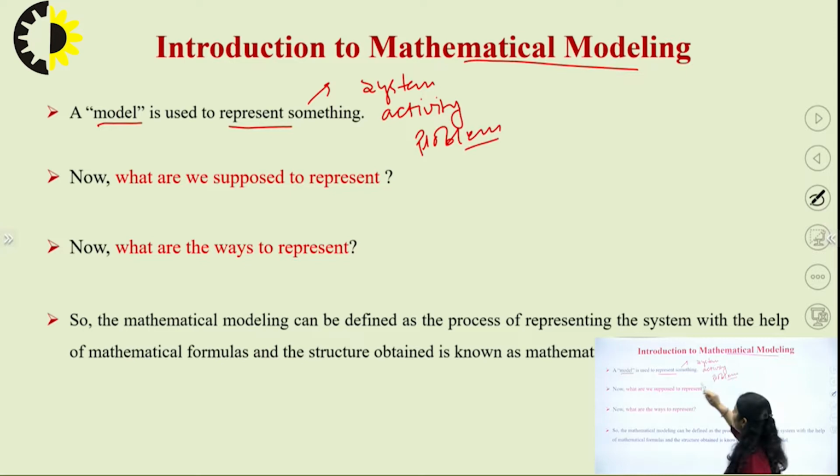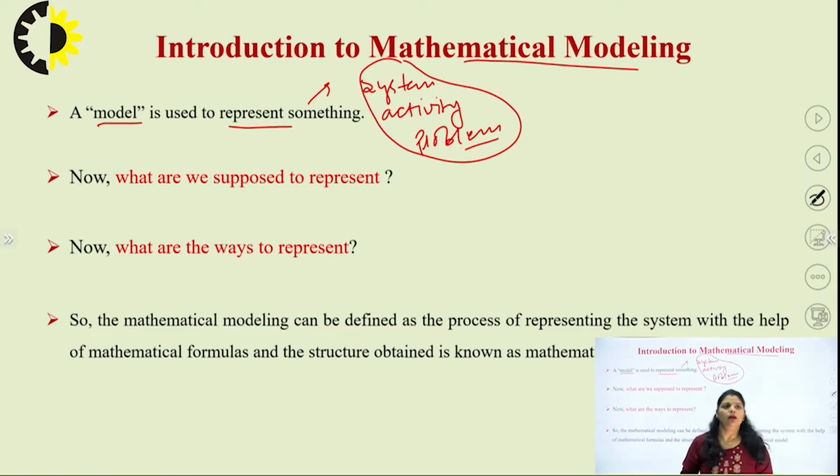So we can say models are the tools which are used to understand the behavior and the processes in the real world, and to make inferences about the future.